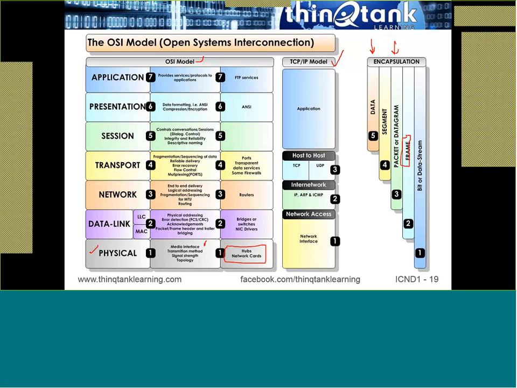The data link layer, which is layer 2, this is the first layer that we start to see some intelligence. And it comes in the form of what we call MAC, Media Access Control. Most of you are familiar with the term MAC address, right? Well, MAC address is just one type of addressing at layer 2 that provides media access control. Okay?